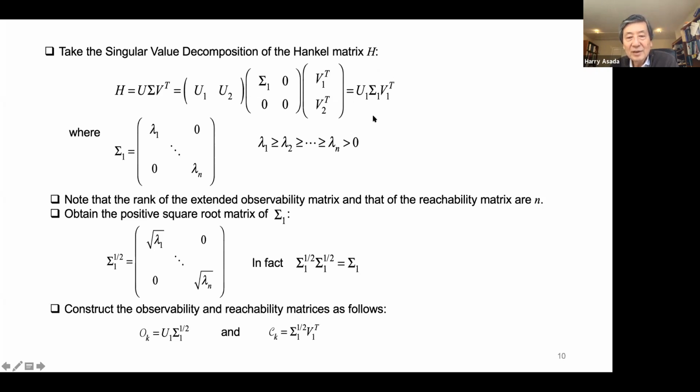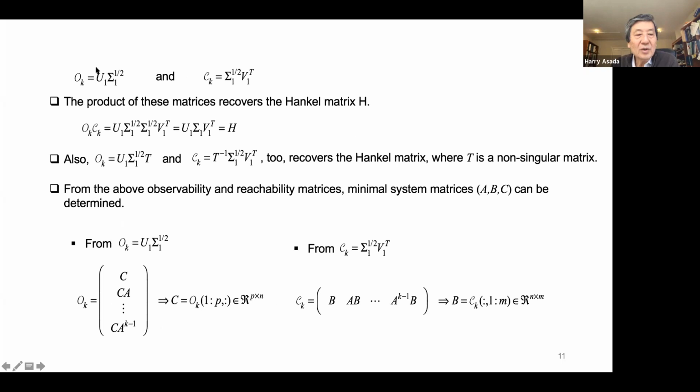If you multiply these two, you can recover the H matrix, right? So O_K and C_K, these two can be put together, and that's the H matrix.